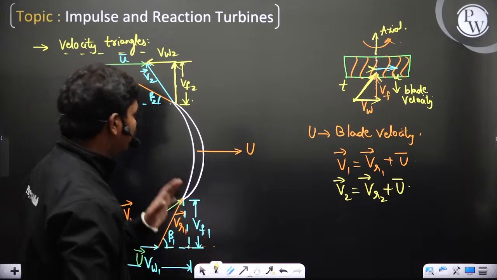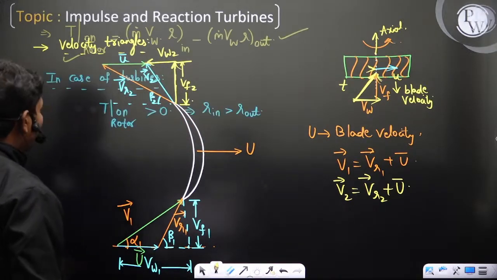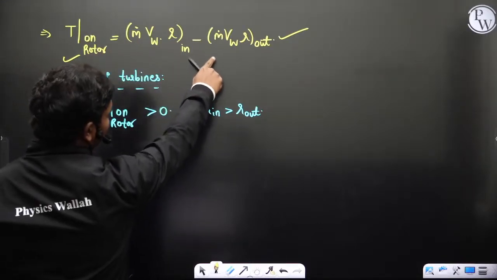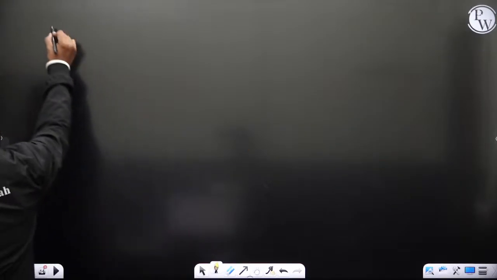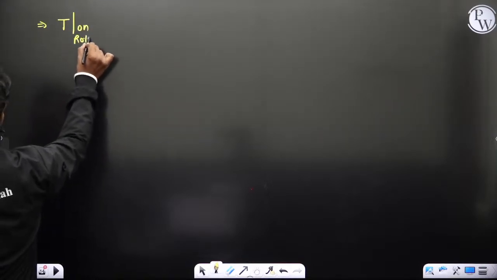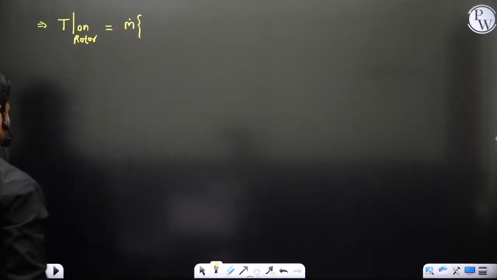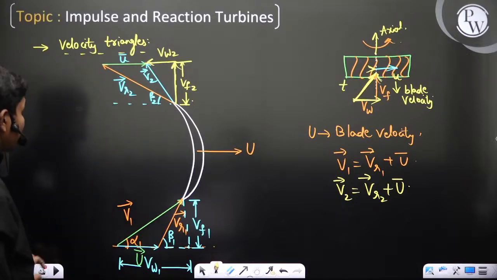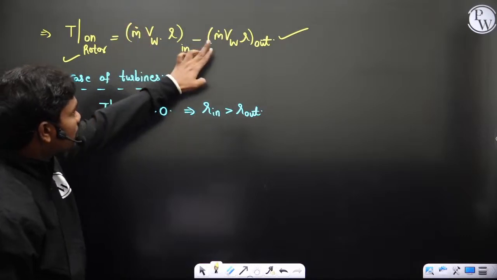Okay, now if these are the velocity triangles, before going further I want to make you understand a few things here. m dot vw r at the inlet minus m dot vw r at the outlet. If you take that expression, this gives you the torque on the rotor. m dot is the same because of steady state. If you have a single inlet and single outlet for a blade, the summation can be eliminated, and m dot is the same at both locations.